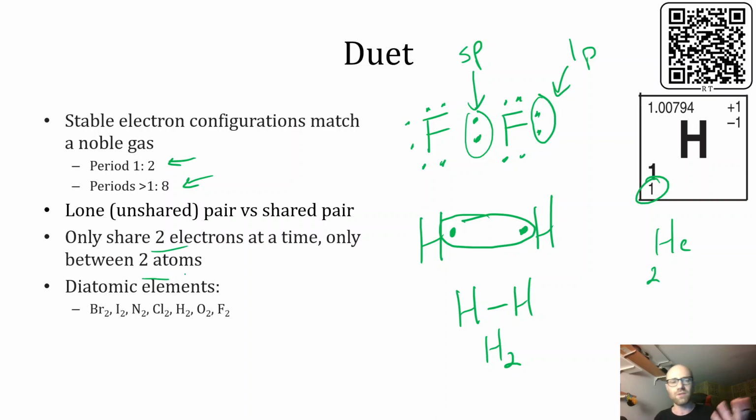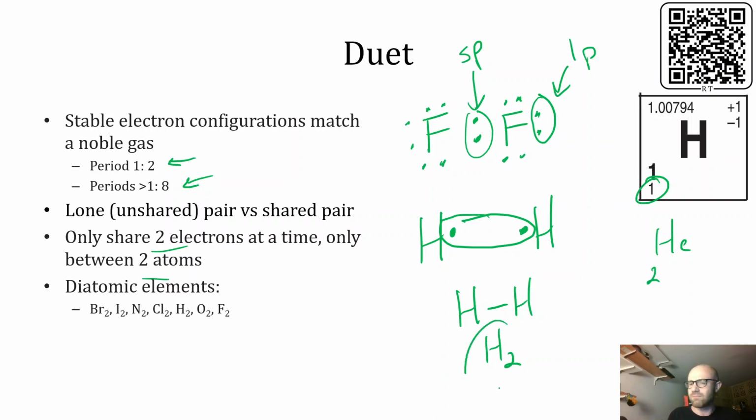It has only been observed that each bond is only allowed to be 2 electrons at a time, and it's only between 2 atoms. Both of those probably have exceptions that you're going to see later on in future chemistry courses, and by probably I mean definitely. But for now, let's just start with the simple rules. A bond is 2 electrons between 2 atoms only, 1 bond at a time.